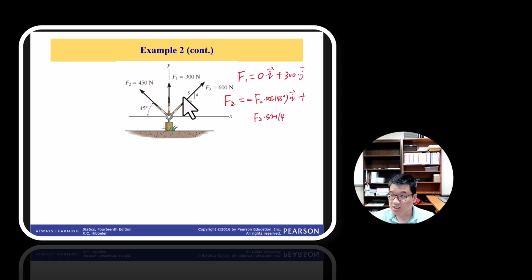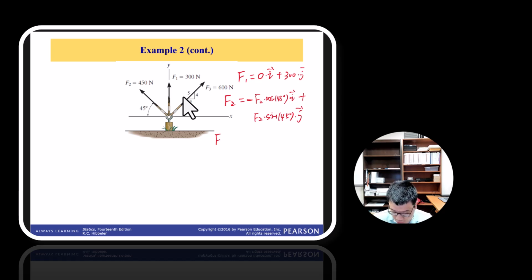And should this be positive or negative? It should be positive because F2's direction is upward, which means its component in the y direction is positive. So how about F3?